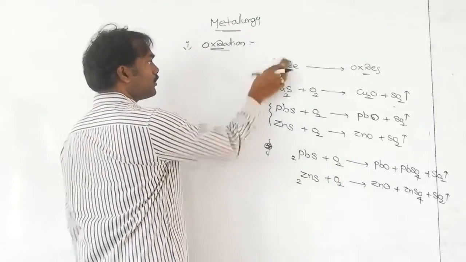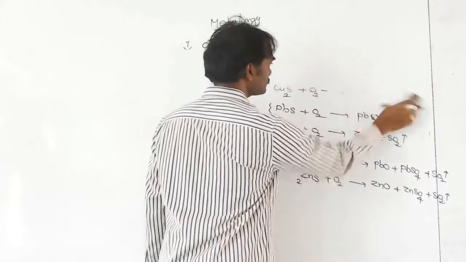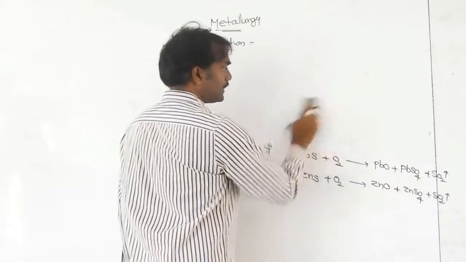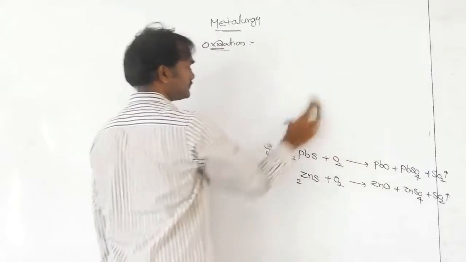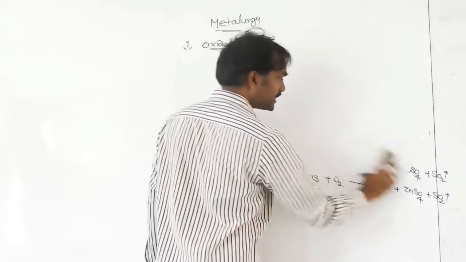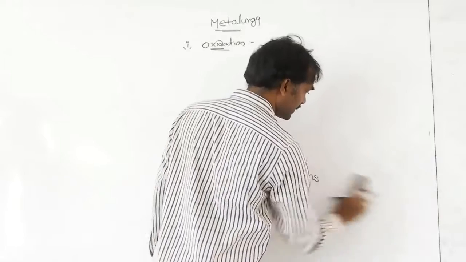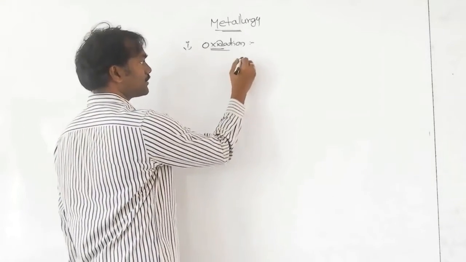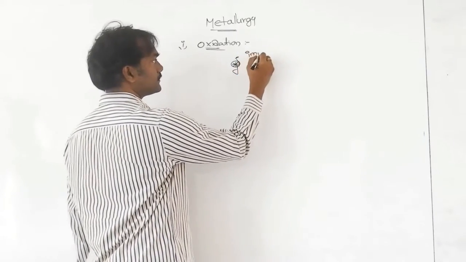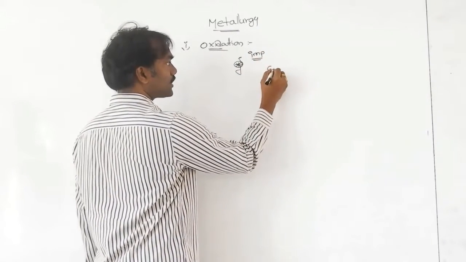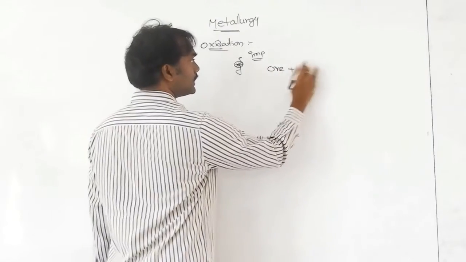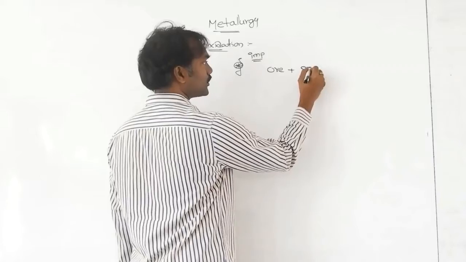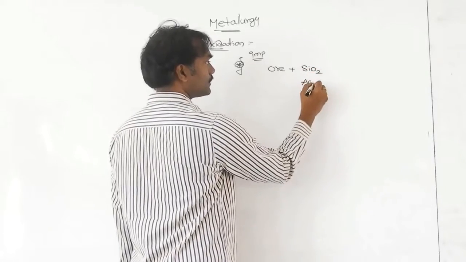Next, one more important thing here. Suppose there are acidic impurities or basic impurities. In oxidation, one more important point is, suppose the ore contains an acidic impurity, SiO2.